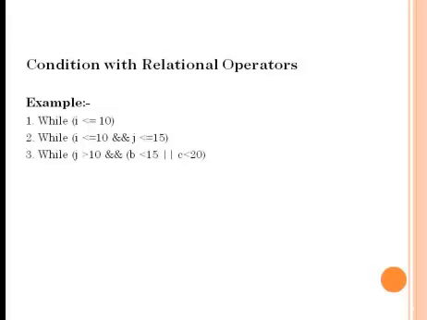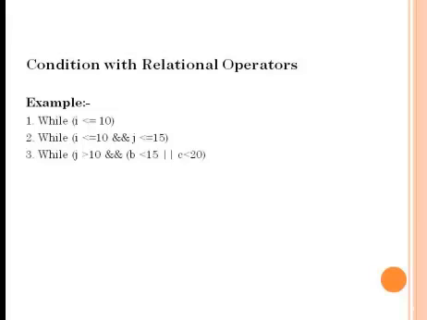That is 00, 4 ones and 00. Here the value is 60. After evaluating this expression, you will get b less than 60 and less than 20.